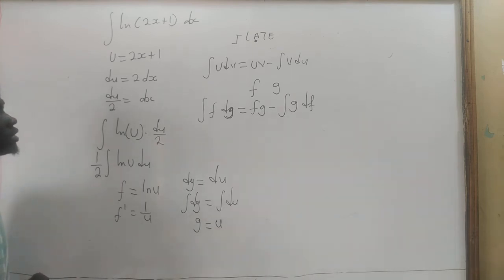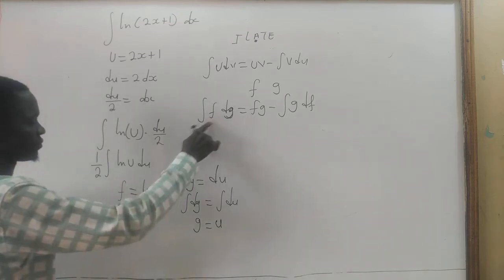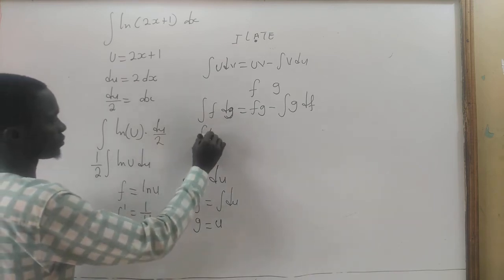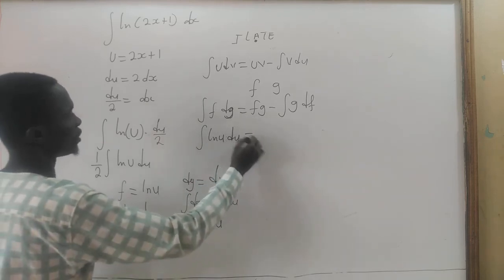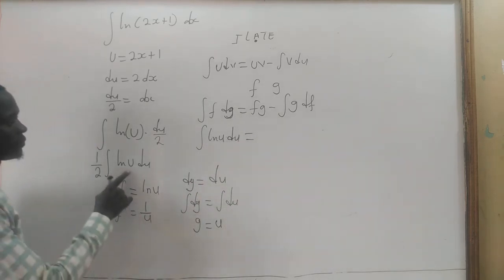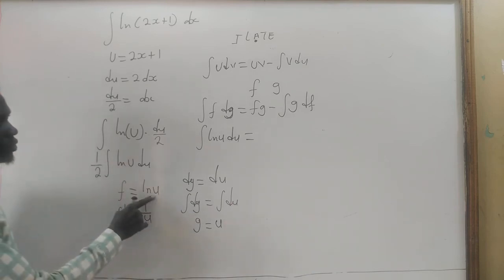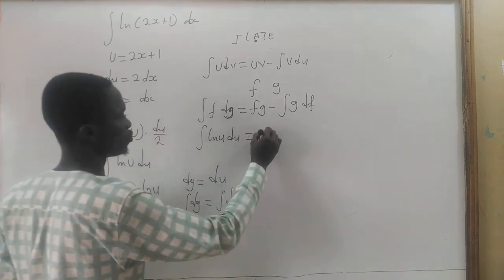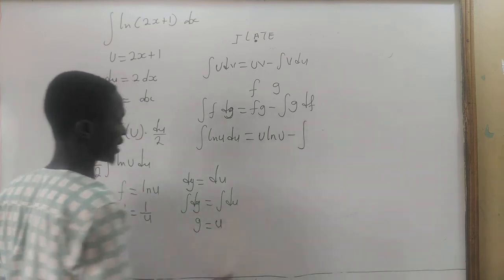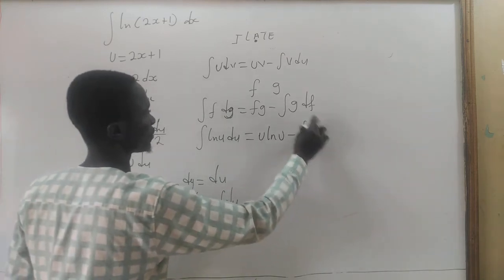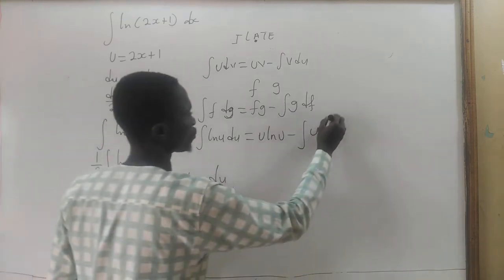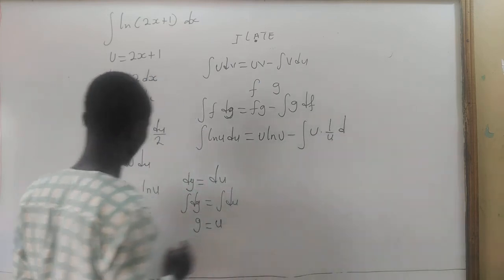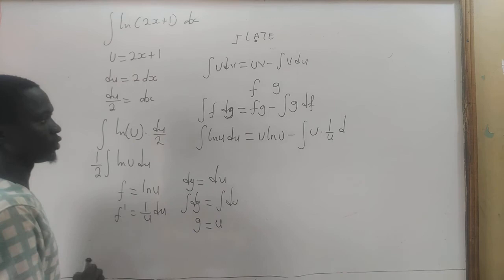Now we are good to go. So we have the integral of f, that is natural log of u, dg as du, which equals f, natural log of u, times g, which is u, minus the integral of g, that is u, times f prime, which is 1 on u, du.